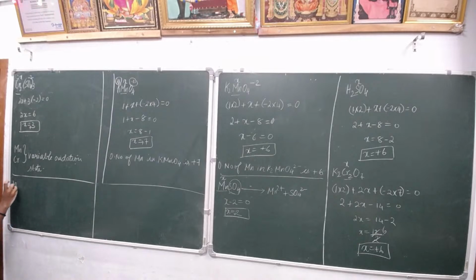What is the oxidation state of manganese in MnCl2? The net is 0. Molecular formula MnCl2. So x plus 2 of minus 1 because for chlorine minus 1. So x minus 2 is equal to 0. X is equal to plus 2. So likewise, manganese and chromium are capable of forming various oxidation states. That is the specialty of d block elements. Okay.